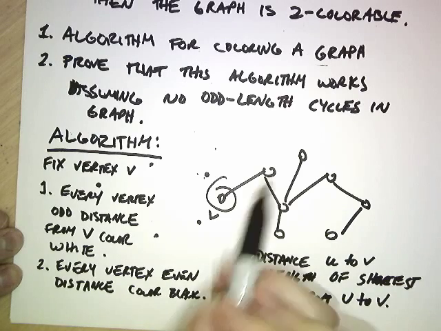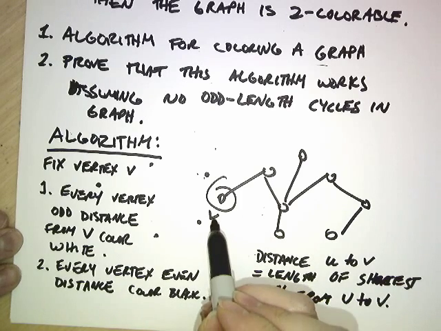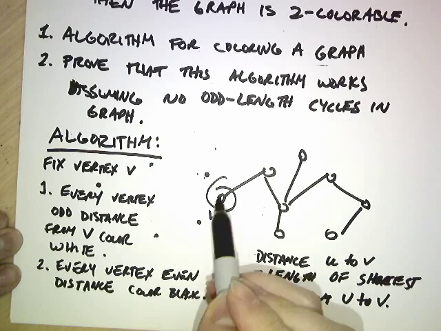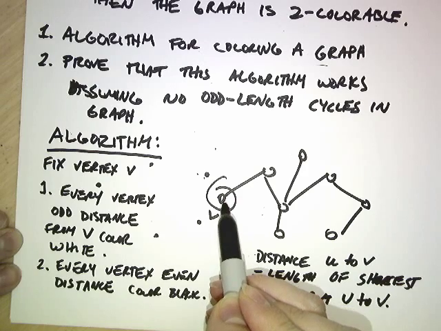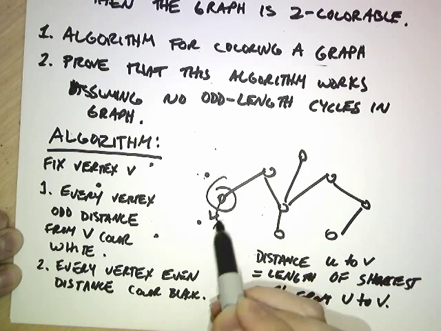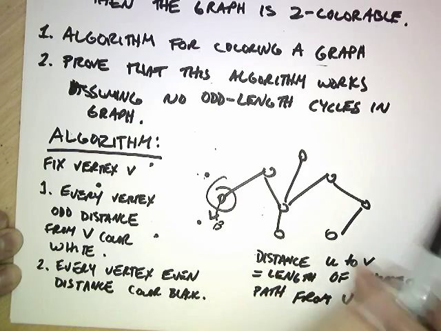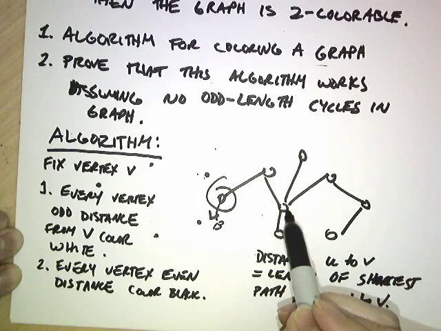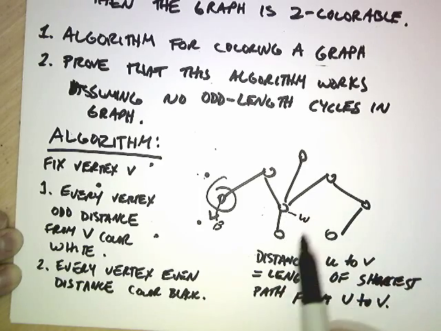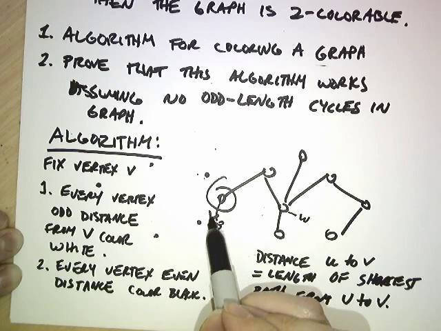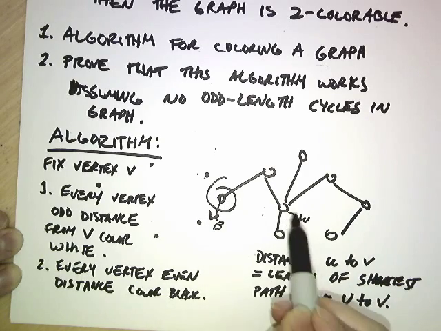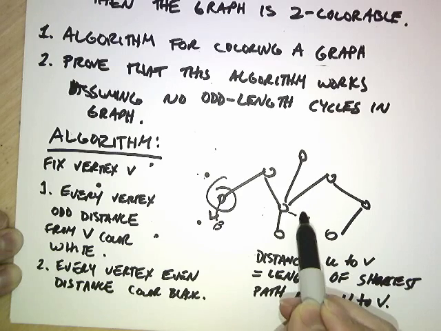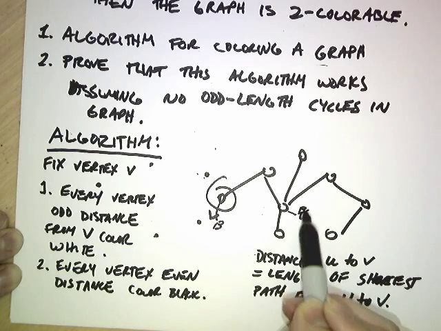Okay, so for example, every vertex that has even distance from v gets colored black. So v has distance 0 from v, which is even. So v is colored black. Okay, and let's look at this vertex. Let's call it w. The shortest path from v to w has length, well, 1, 2. So that's even, so w gets colored black.